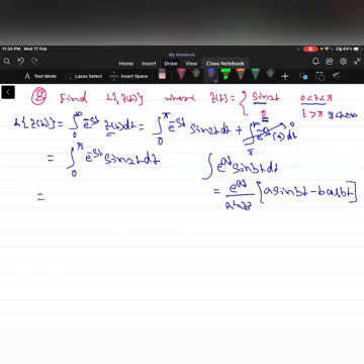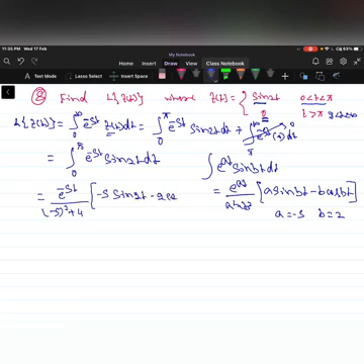So let us integrate the function e power minus st into sin 2t, where a is equal to minus s and b is equal to 2 here. Therefore, e power minus st by minus s whole square plus 4 into, where a is equal to minus s, sin 2t minus 2 into cos 2t.